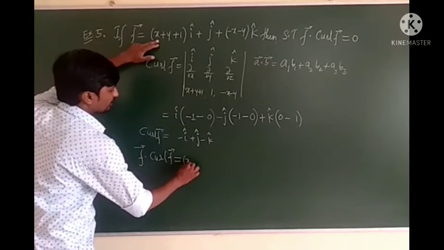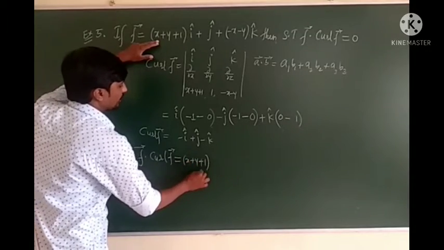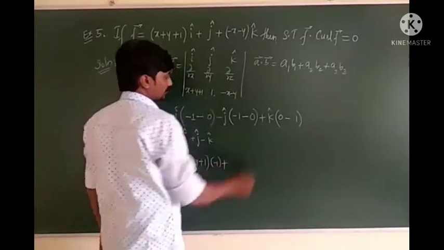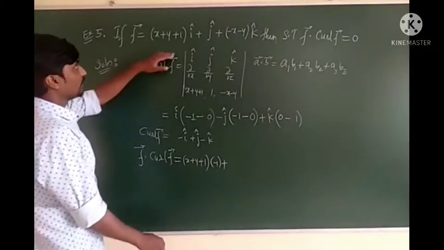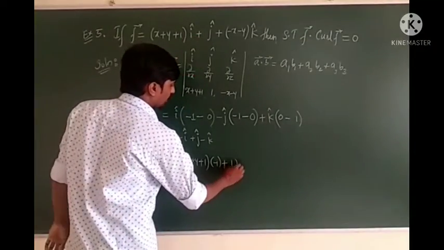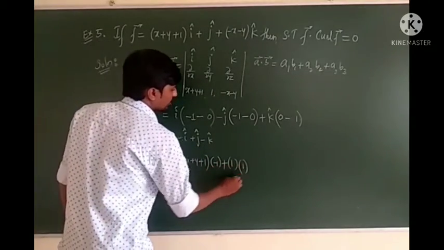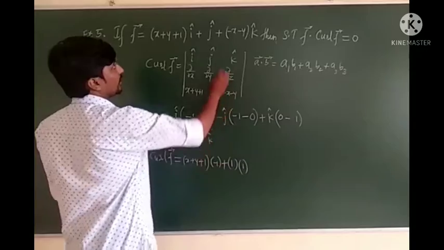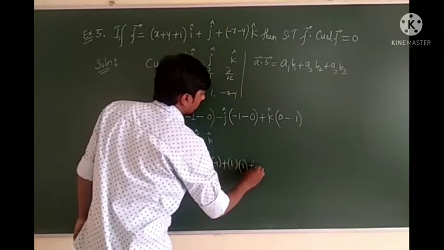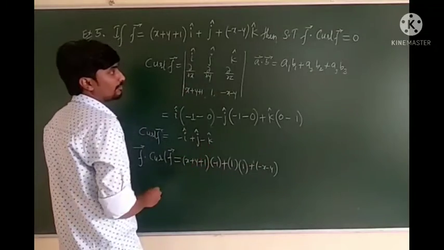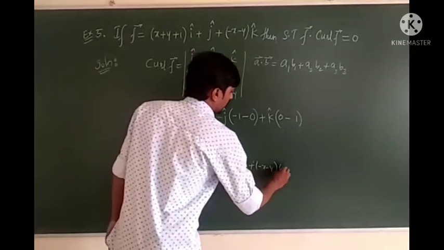It is x plus y plus 1. The a2 value is minus 1. Plus, I am applying this value only. Okay, so plus a2, the a2 value is 1, and the b2 value is also 1. Next we have the a3 value, minus x minus y, and the b3 value is minus 1.